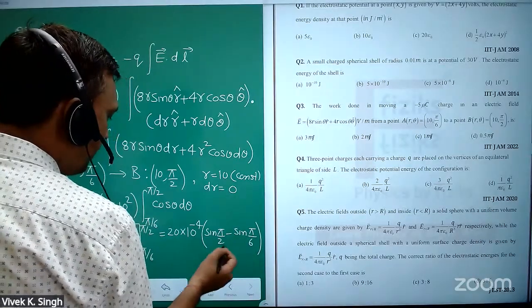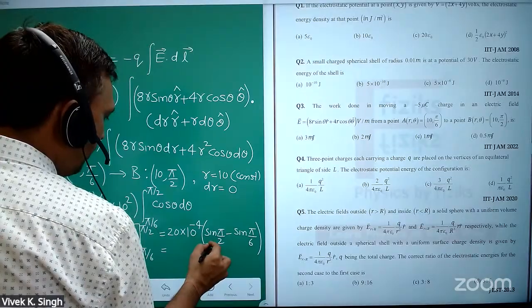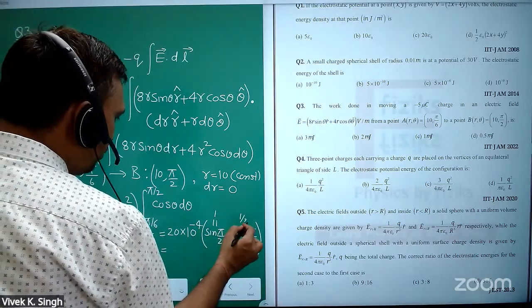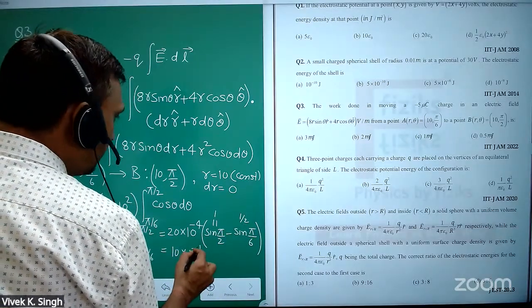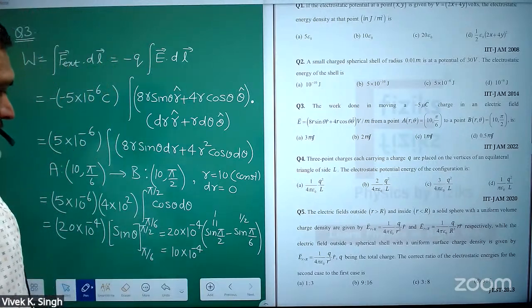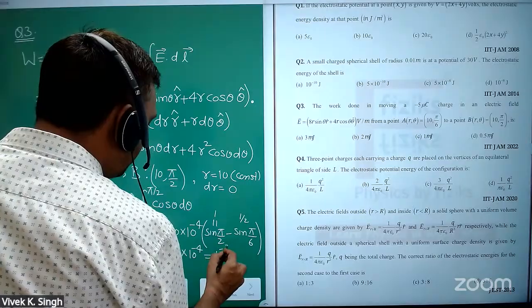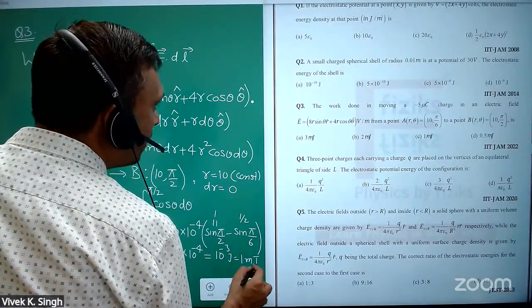So sin 30 is 1 by 2. So this value is 1, sin 90 is 1, and this value is 1 by 2. So this is 10 into 10 to power minus 4. So this is 10 to power minus 3 joules, or this can be written as 1 millijoule.